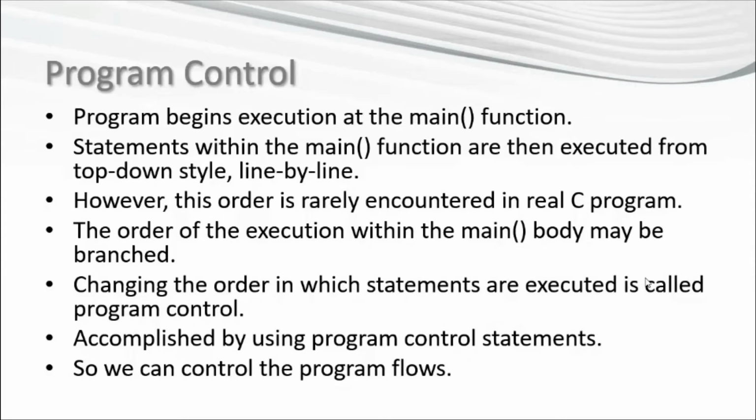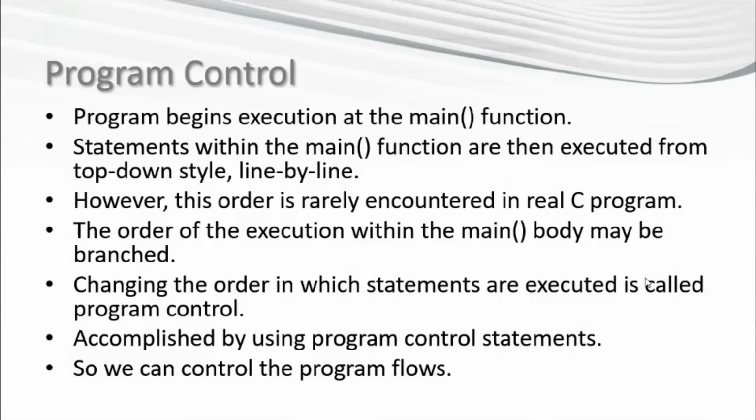That is, the topmost line within the main function is executed first, then the next line, then the next line. That is the top-down style, from the topmost line to the bottommost line, executed line by line.